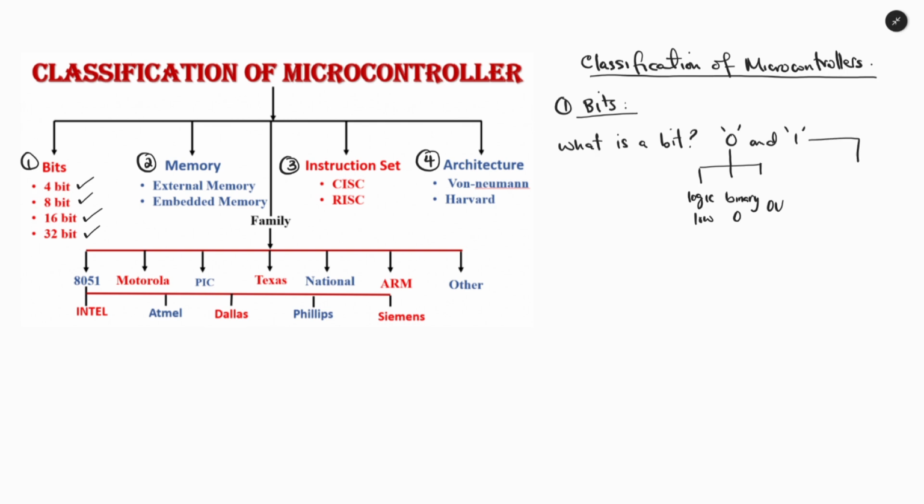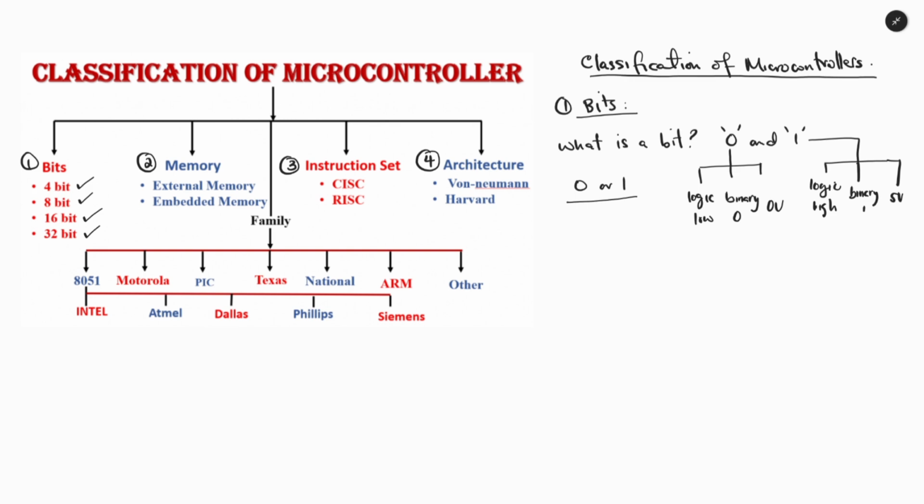However, when we have the 1, what does it mean? We sometimes call it logic high, and we have the binary 1, with a voltage which is almost 5 volts. Those represent what is called a bit. And when we say bit, we are referring to a state which is either 0 or 1.